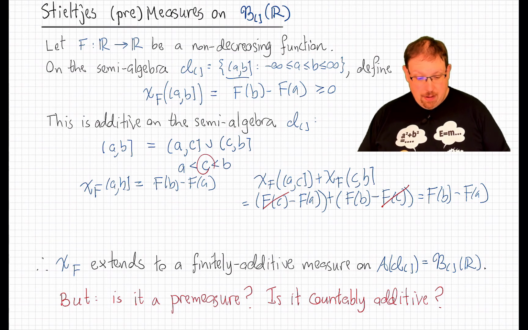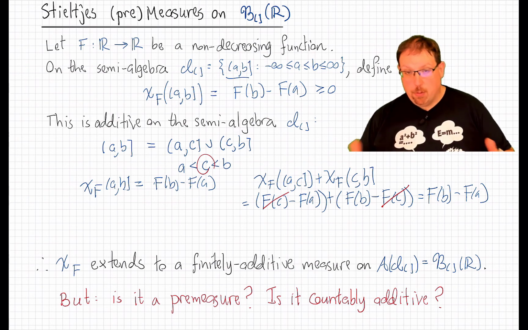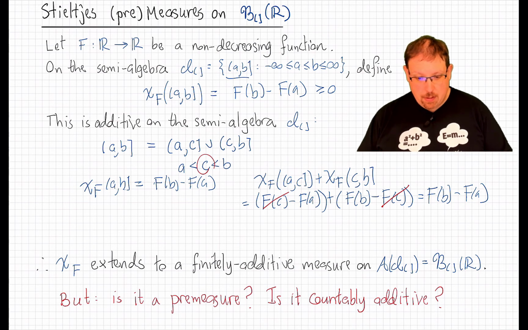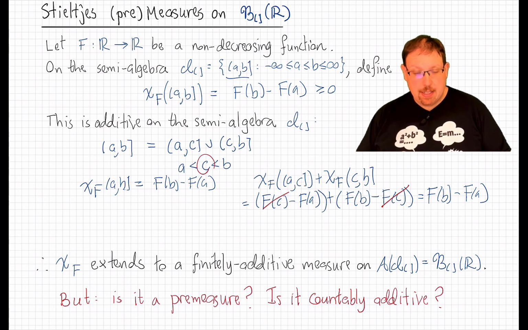Great. For every such function, we now have a finitely additive measure. And you should probably recognize that the function is related to the measure from probability theory as the cumulative distribution function, if we were in the special case of total mass 1. Or you may recognize this from the construction of the Stieltjes integral, or Riemann-Stieltjes integral, from an undergraduate analysis class.